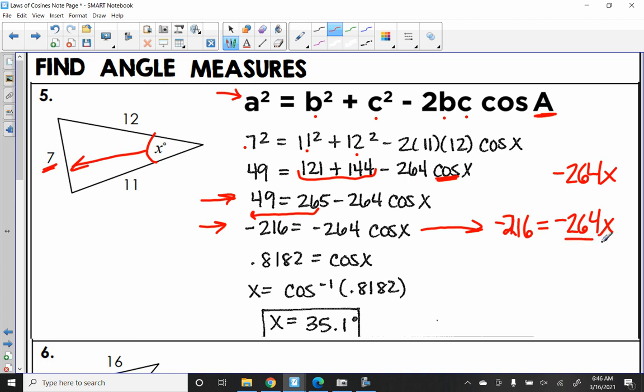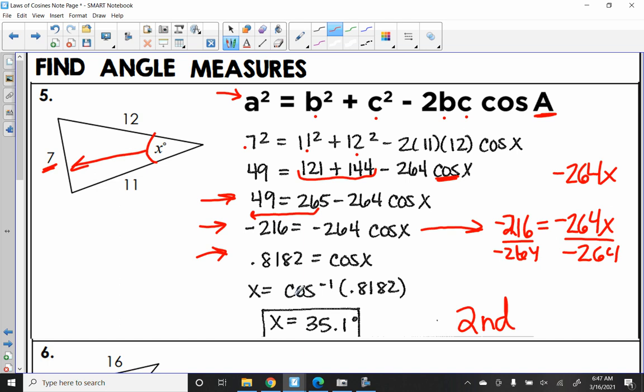Okay, so what would I do here now? I would divide by negative 264. And that is how I get 0.818. And then the last step, remember when we did trig to find an angle measurement, we hit second.